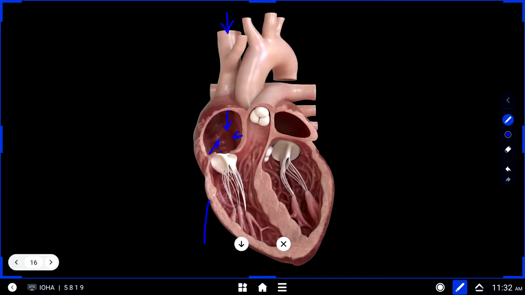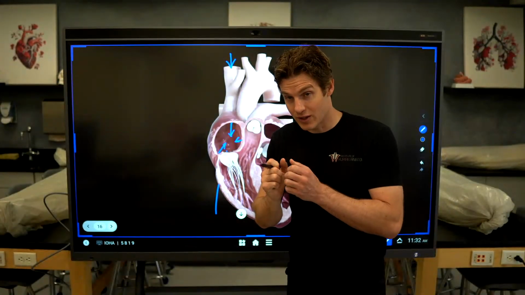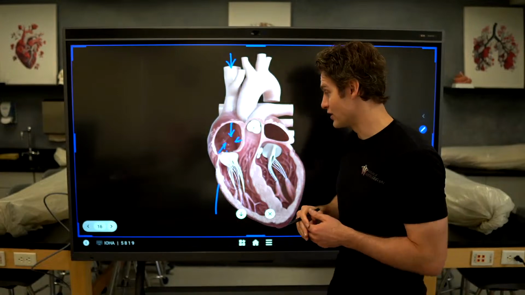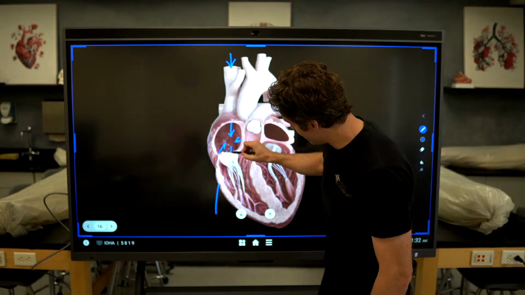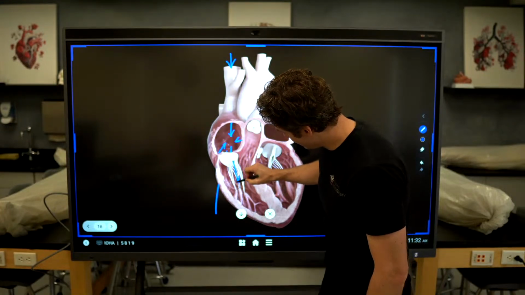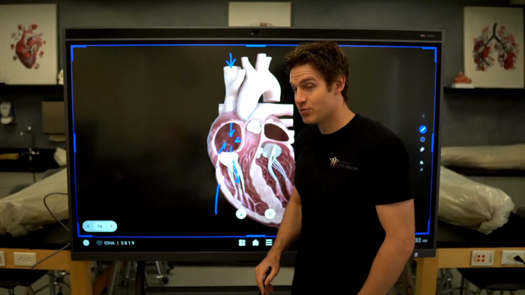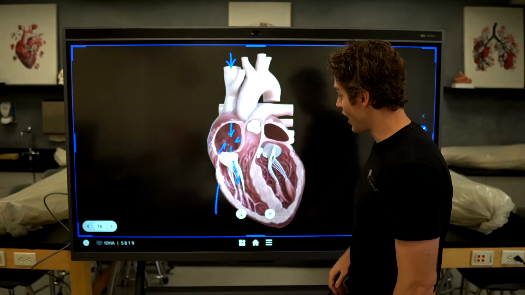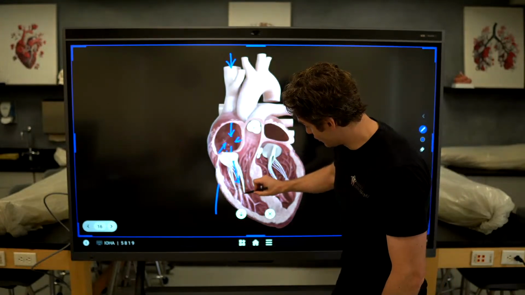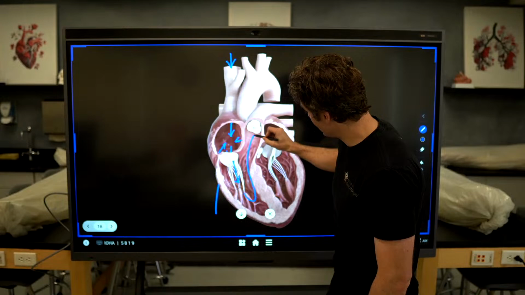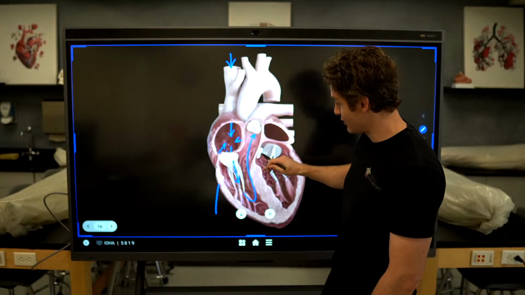So now, as the atrial chambers squeeze, and they don't squeeze very forcefully, at least when we're comparing them to the actual ventricles, that's going to open that tricuspid valve, and now that deoxygenated blood has made it into that right ventricle. Then the right ventricle will contract, and that blood will not exit where it came from.